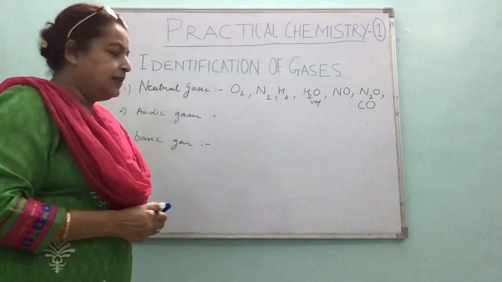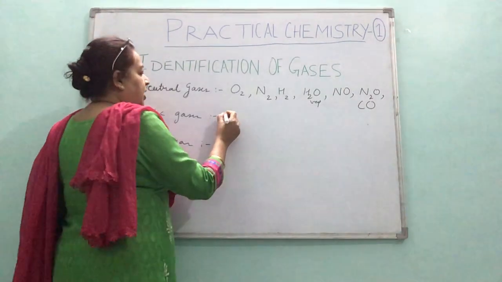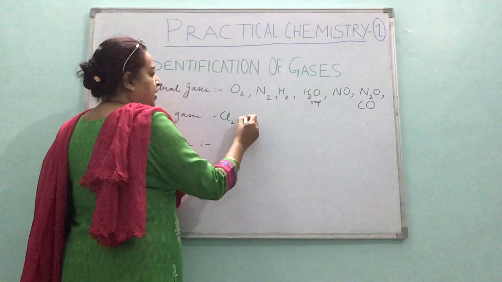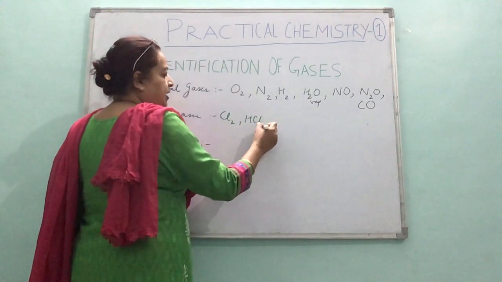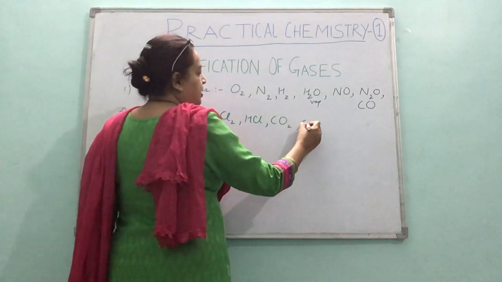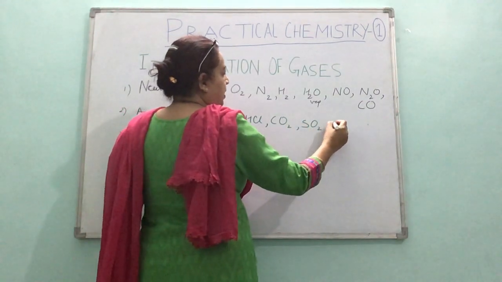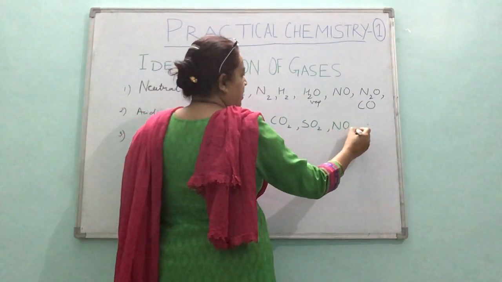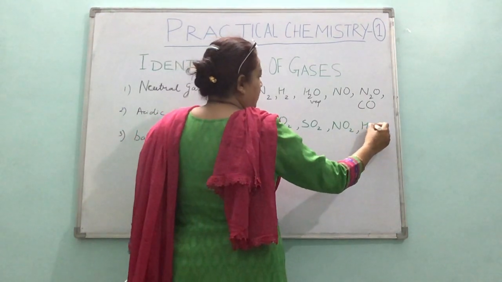Then acidic gases, we have chlorine, mainly HCl, carbon dioxide, sulfur dioxide, nitrogen dioxide, H2S.